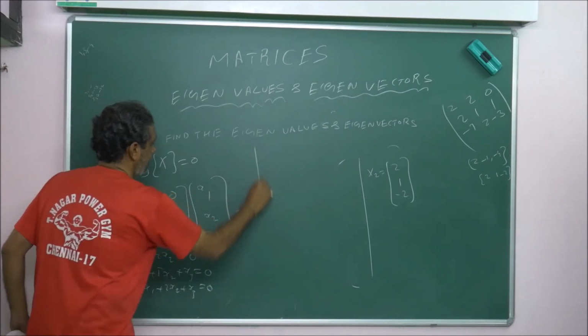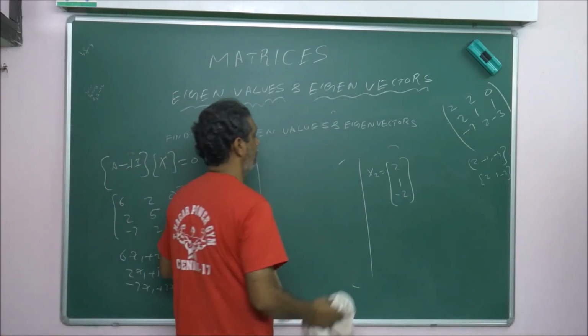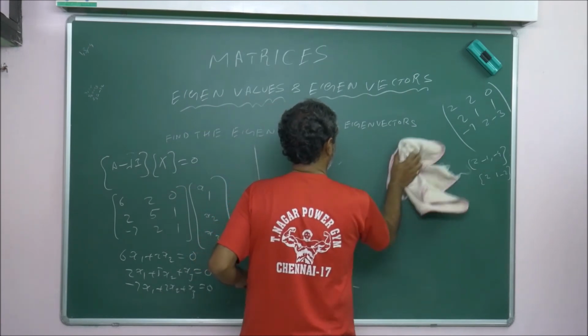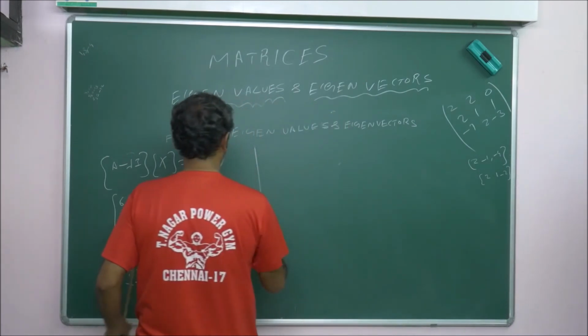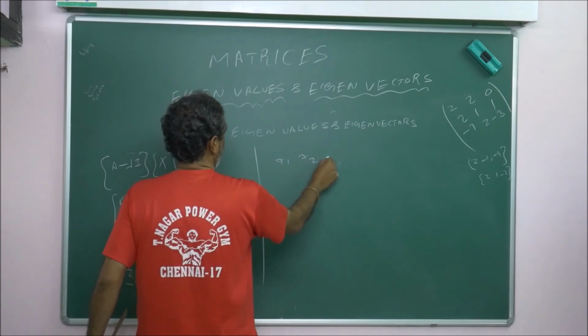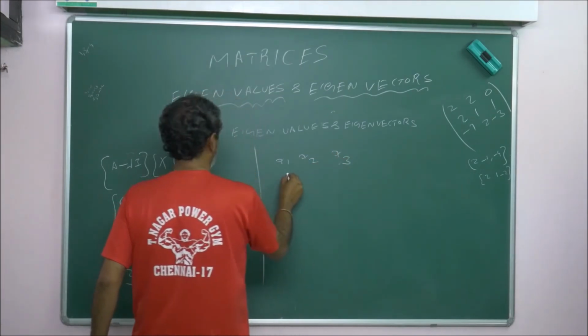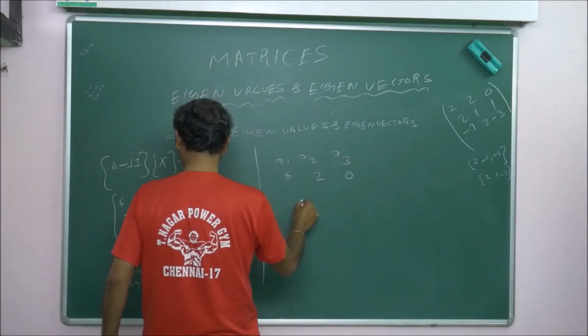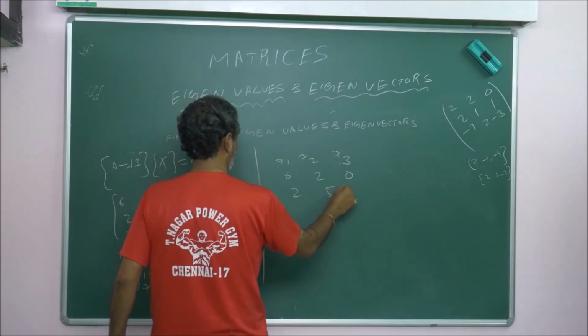So already as I said, x1, x2, x3, 6, 2, 0, 2, 5, 1.